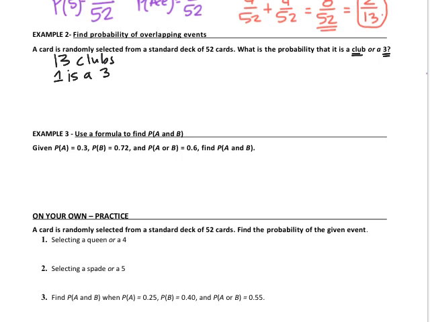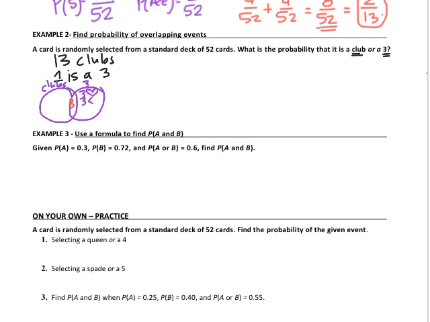Well, let's take a look at, if we drew a Venn diagram, we would have over here, let's say that this is the chance of drawing a club, and over here is the chance of drawing a 3. There's one card in the middle here. There's a chance of drawing a club that is a 3. The 3 of clubs is both a club and a 3. So we could say that there is the 3 of hearts, right?